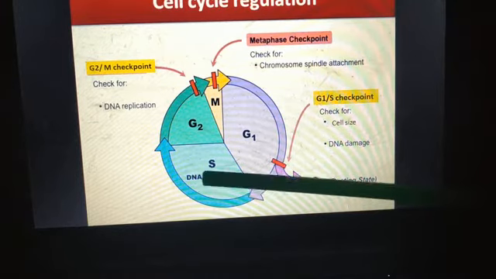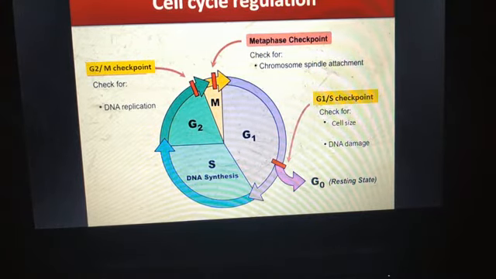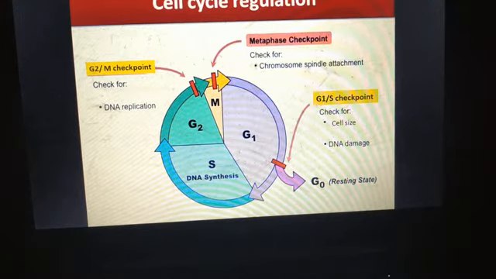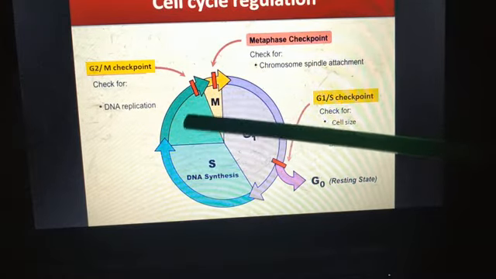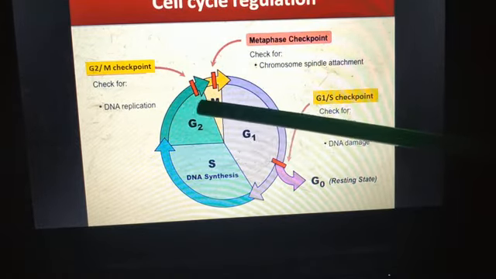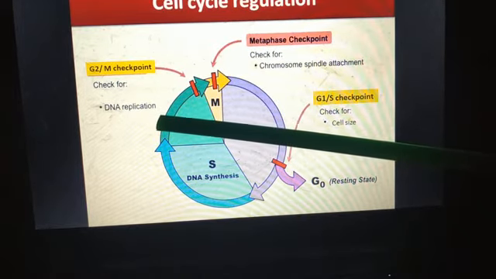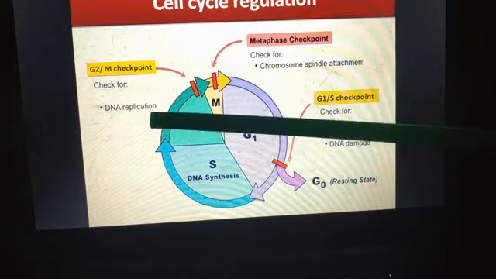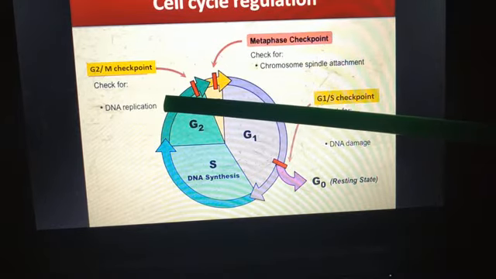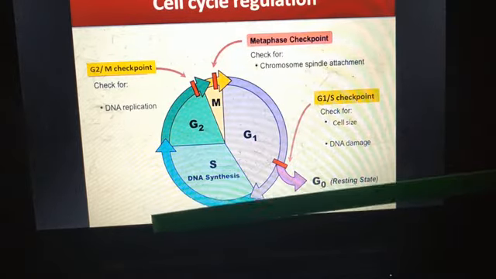If any damage has been caused to the DNA during the DNA replication, then the cell gets arrested at that point, and it will repair that damage, and after repairing only it will enter into the next phase.